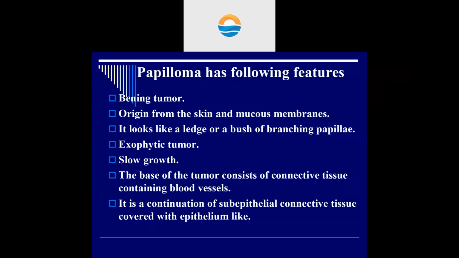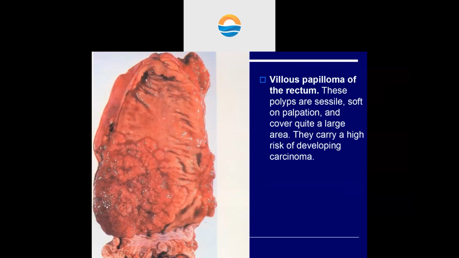It is a continuation of subepithelial connective tissue covered with epithelium-like layers. So papilloma has finger-like protrusions covered by epithelium, and in the center we see the connective tissue stroma.